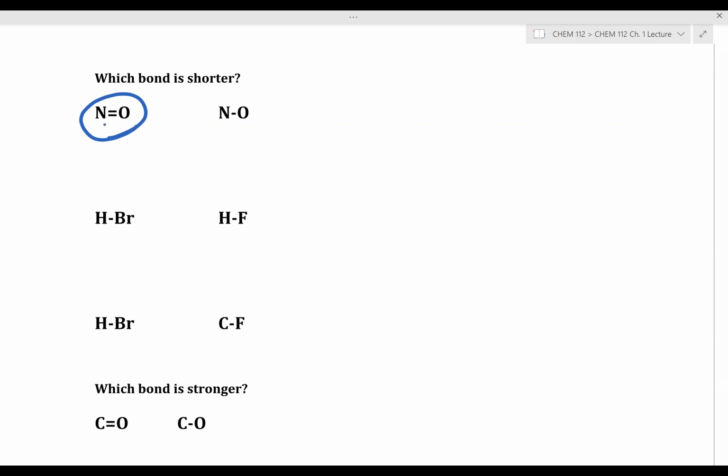So then what has the smaller set of atoms? Yep, and it's also small.